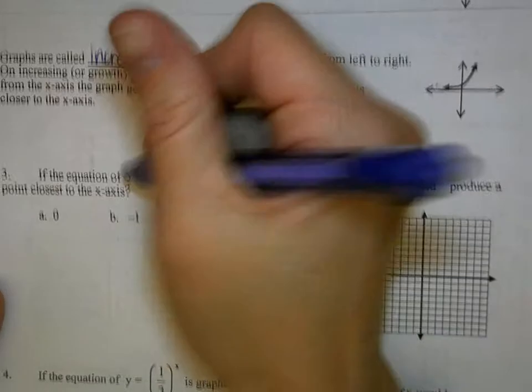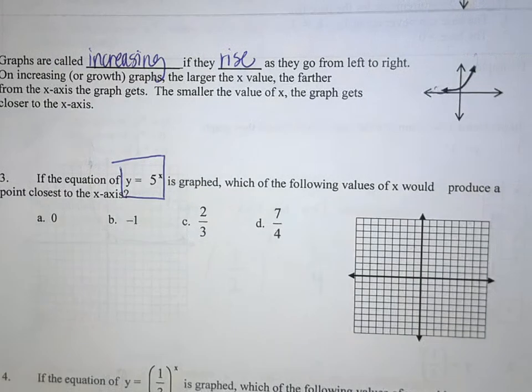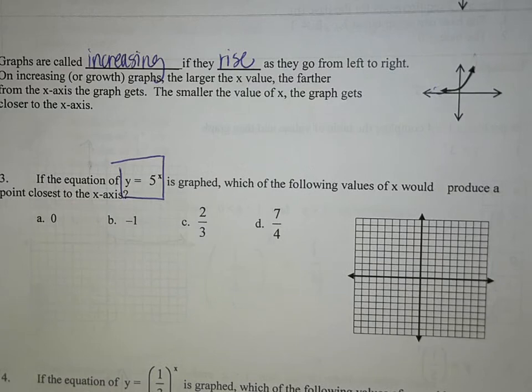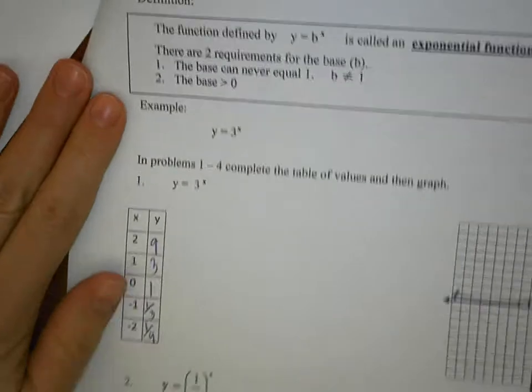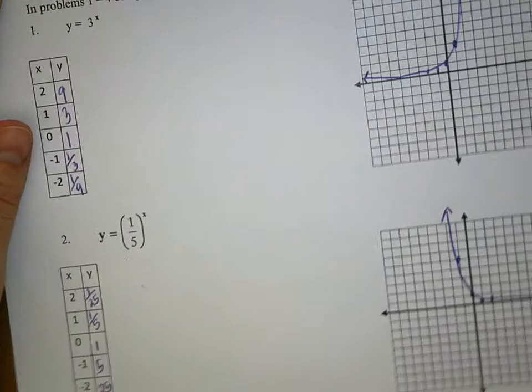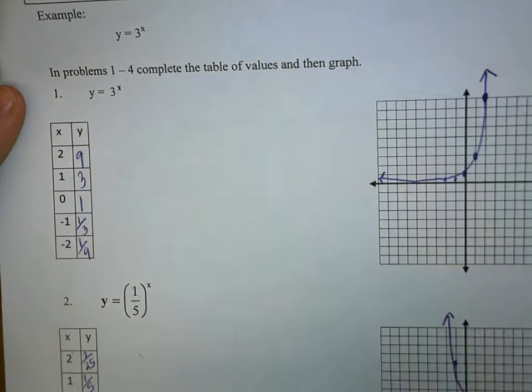If the equation y equals 5 to the x power is graphed, which of the following values of x would produce a point closest to the x-axis? Now, you could do a t-chart like I did on our previous examples, but if you just want to go back and look here, what is the graph going to look like for y equals 5 to the x? Is it going to look like my example 1 or my example 2?